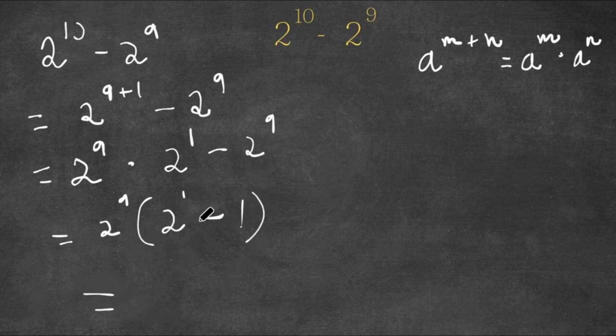And now this is 2 to the power of 1 minus 1, which is simply 1. So I have 2 to the power of 9 times 1, and anything times 1 is itself, so 2 to the power of 9.